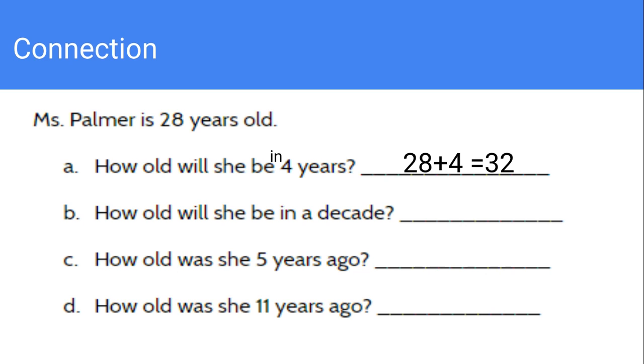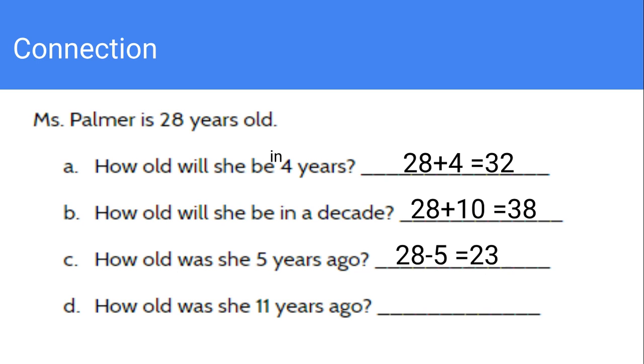So if Miss Palmer is 28 years old and we add 4 years, she will be 32 years old. B, how old will she be in a decade? Well, we must know that a decade is 10 years. 28 plus 10 equals 38. So she'll be 38 years old in a decade. How old was she 5 years ago?